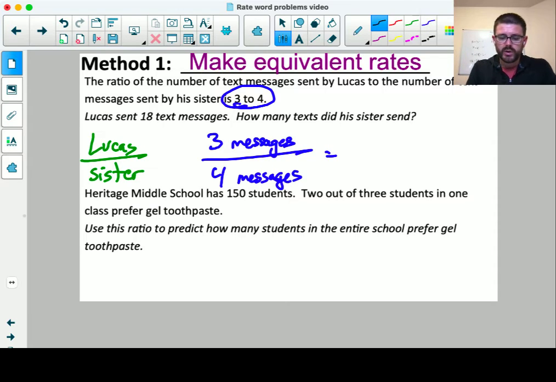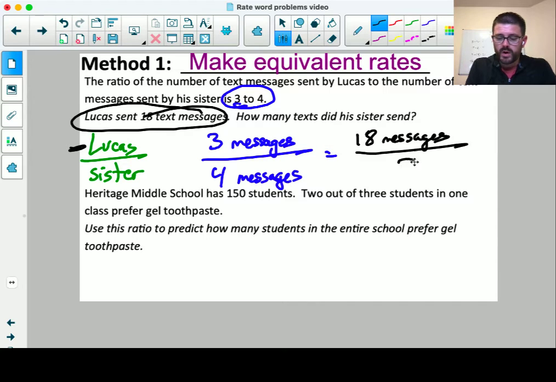Then it said Lucas sent 18 messages. How many did his sister send? So if it was in a ratio of 3 to 4, and Lucas sent 18, remember Lucas is on the top here, so 18 messages. We want to know how many did his sister send.